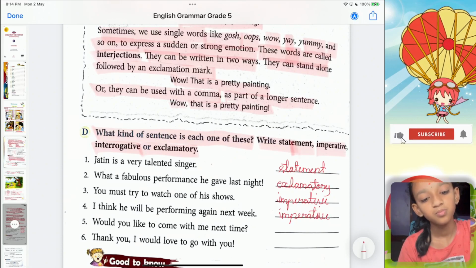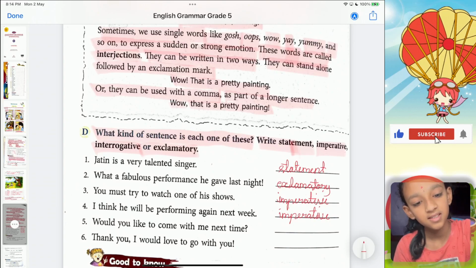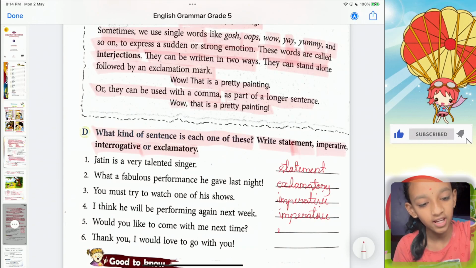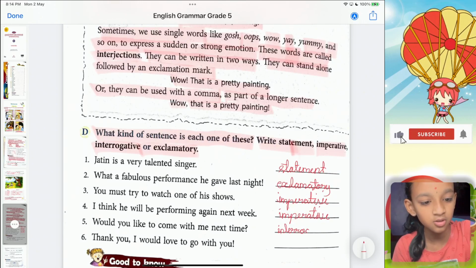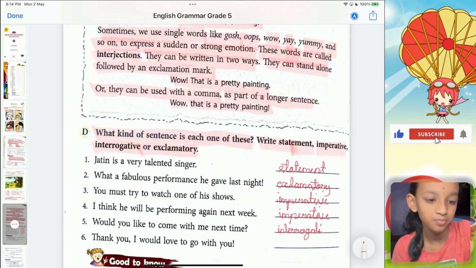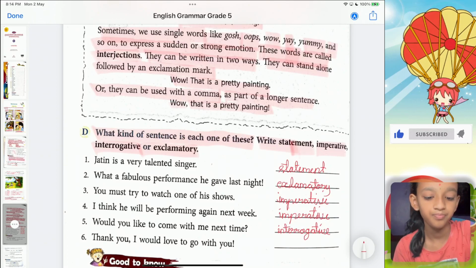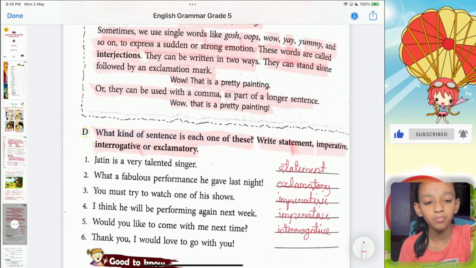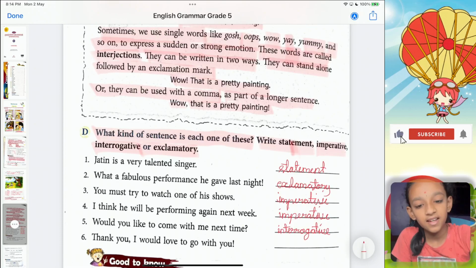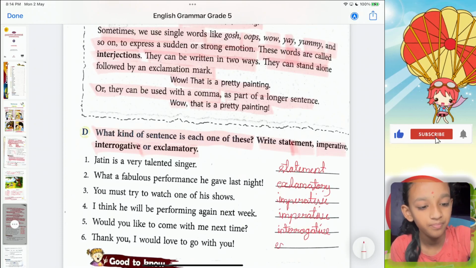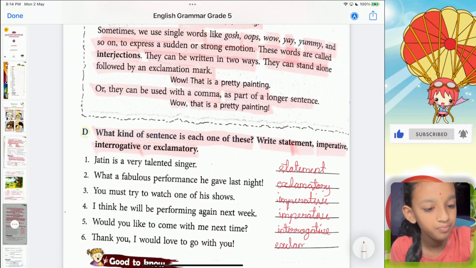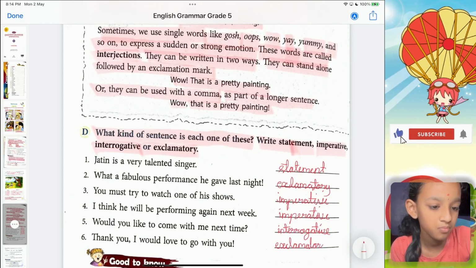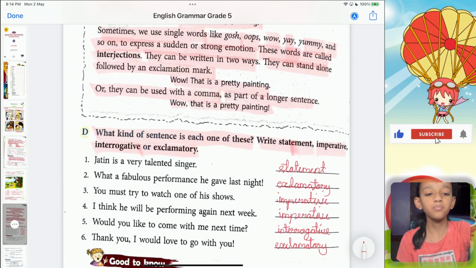Would you like to come with me next time? This is an interrogative sentence. Thank you. I would love to go with you. That's an exclamatory. Correct.